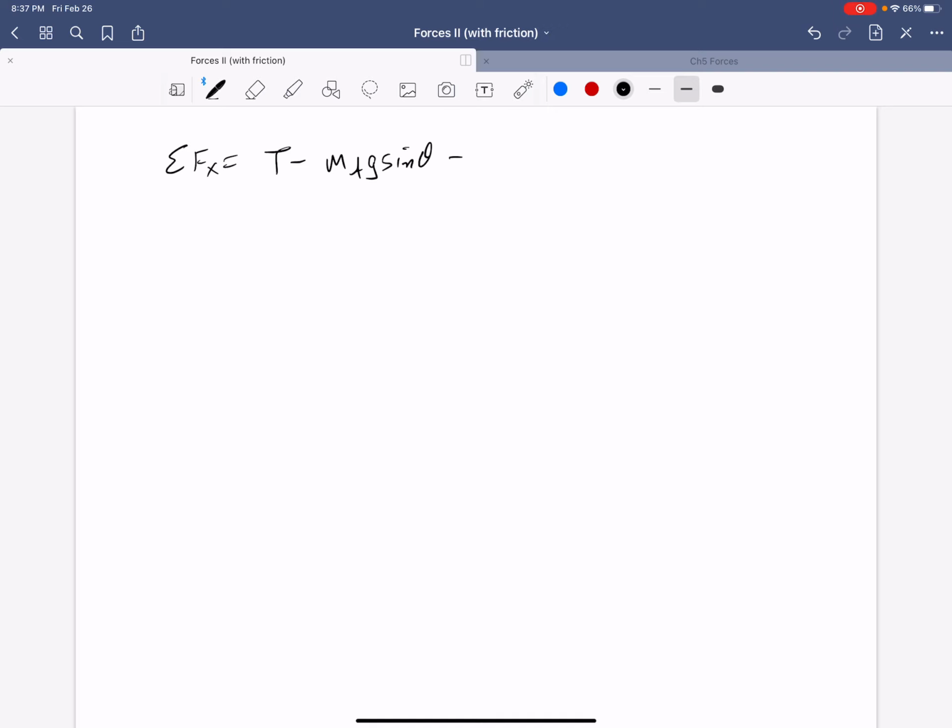Now we know that it accelerates, so now it's the kinetic frictional force equals ma. All right. In the y direction, we had the normal force minus mag cosine theta. That equals 0. It's not moving out or into the incline.